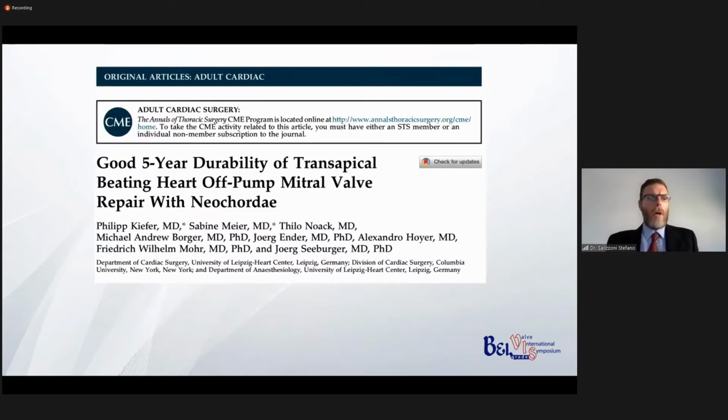We know otherwise that with the first cases, we have good results also at midterm follow-up at 5 years, even if we have few patients. There are, I think, as of today, less than 40 patients that could have a 5 years follow-up.